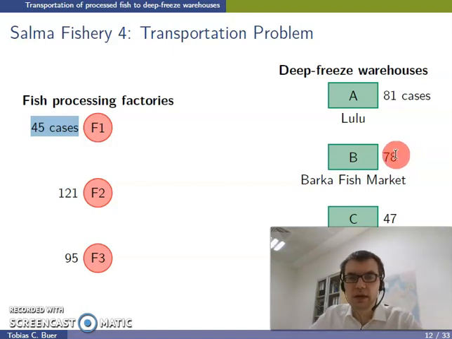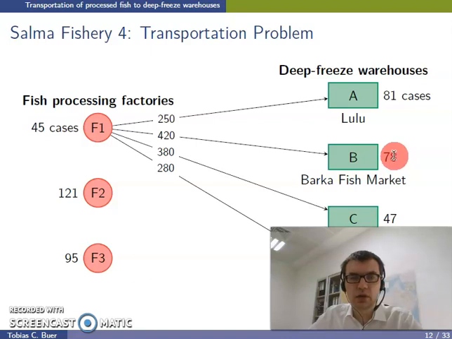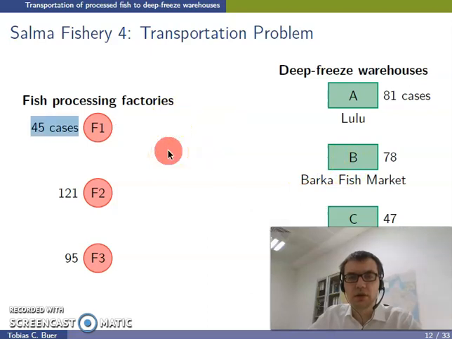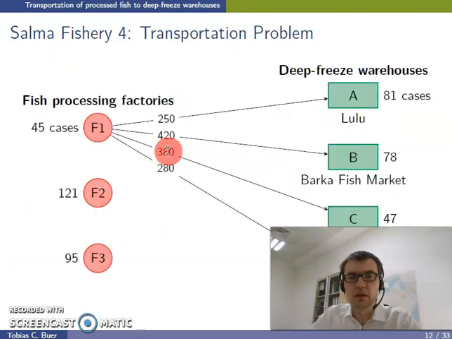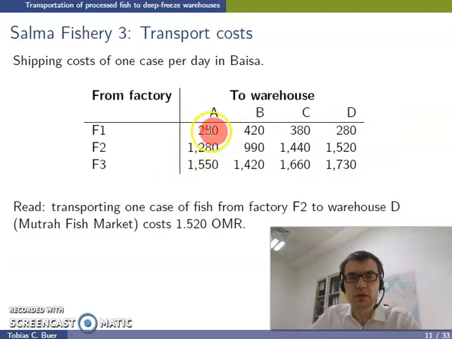Now we need to add the cost to this drawing. Transporting from factory 1 to Lulu costs us 250 besa. From F1 to Barca fish market is 420 besa. These are the cost numbers given in the previous table.